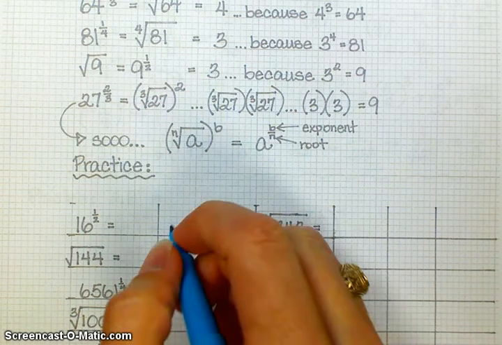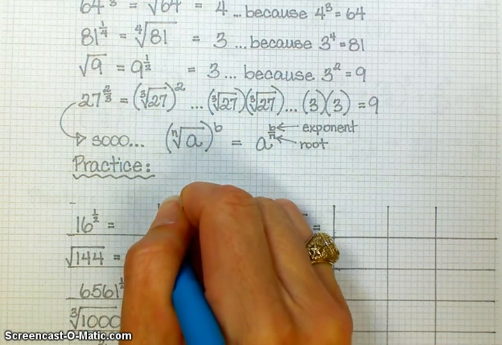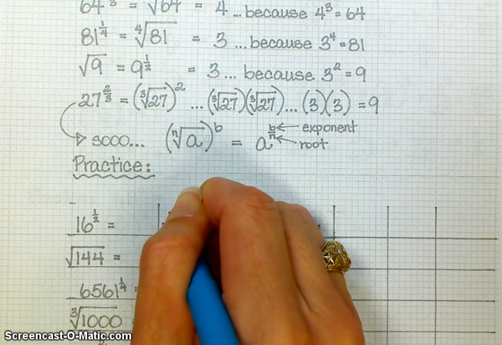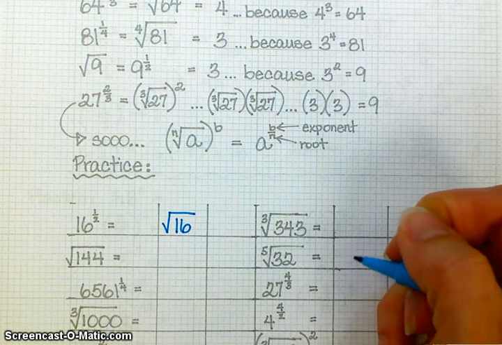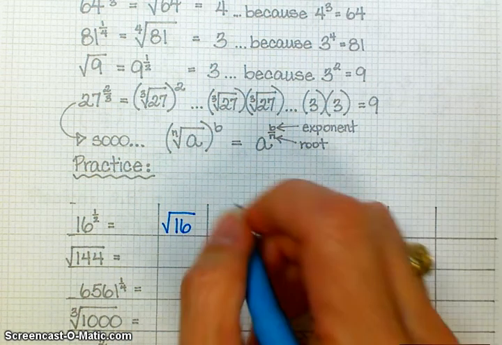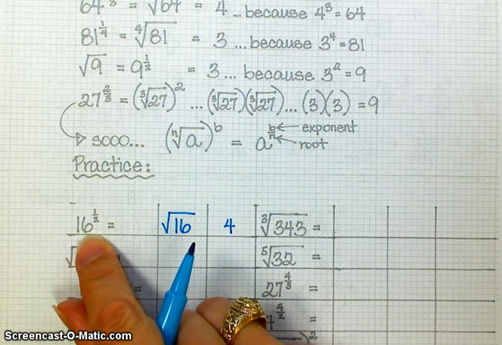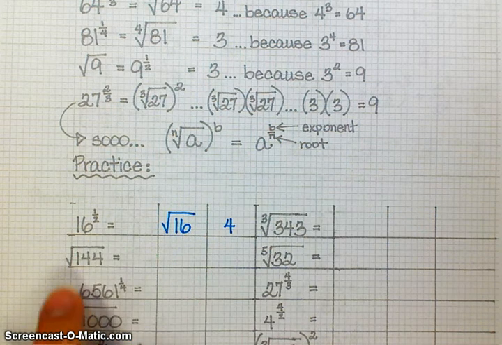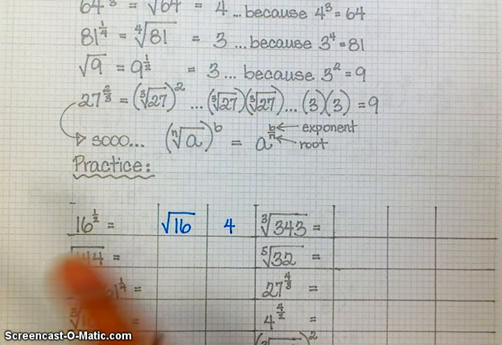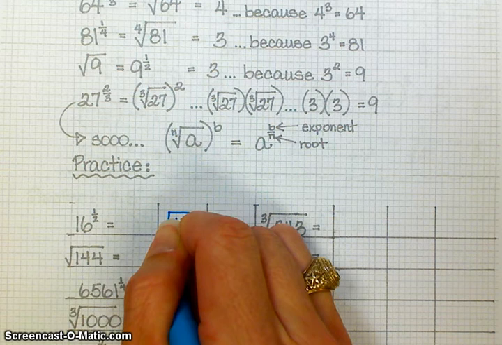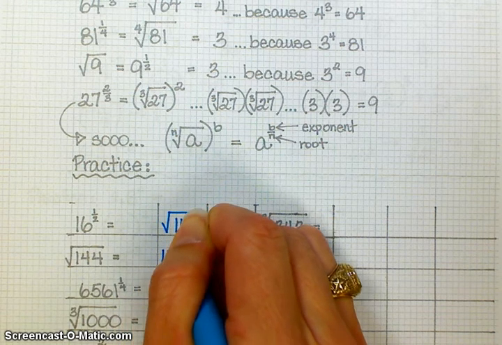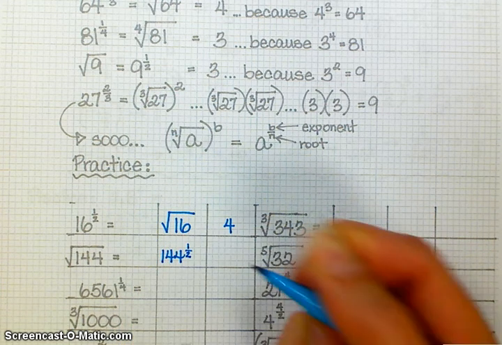16 to the 1/2 power is basically saying please take the square root of 16. What number multiplied by itself gives you 16? Well, that's 4, because 4 squared is 16. The square root of 144 is the same as me saying 144 to the 1/2 power.